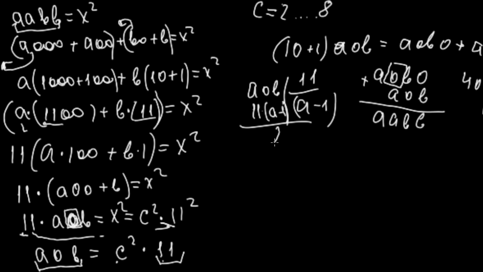So b. That's why when you subtract this number, we need to be left with b, right? And so we take by b. So I take, granted that c, a minus 1 times b should be equal to c squared.